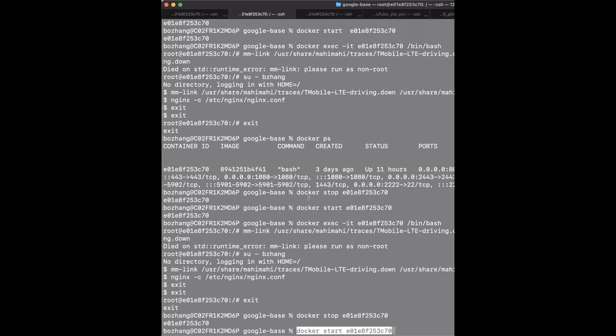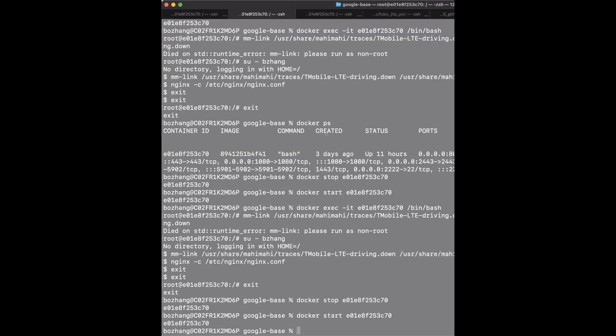And next, I'm going to share another window. So this is my origin server setup. Everything is wrapped up in a Docker container. I'm going to start the container, and then log into it.